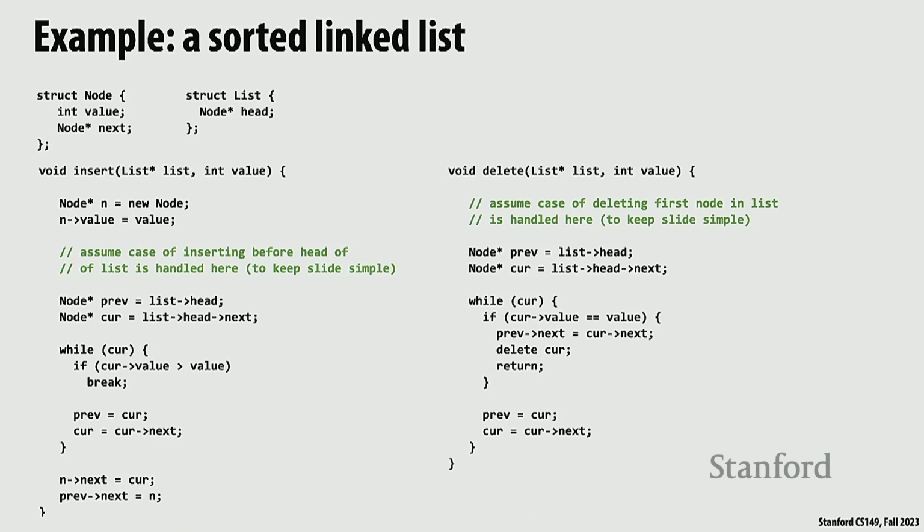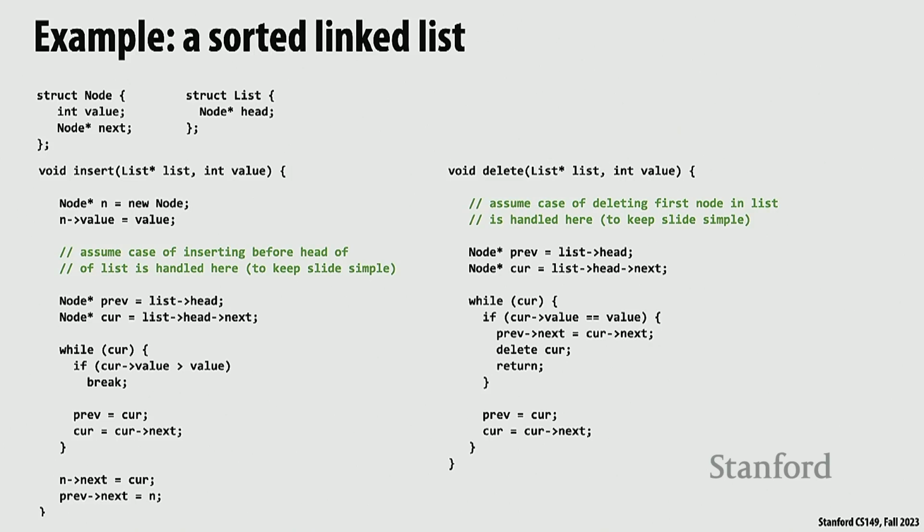So the current list item is current, and if the current value is greater than the value that I'm trying to insert, then we break. Then the new node's next is the current, and the previous node's next is me. So in other words, I'm walking forward until I find a value in the list that's bigger than me. Previous points at me. My next points at the node I just found.